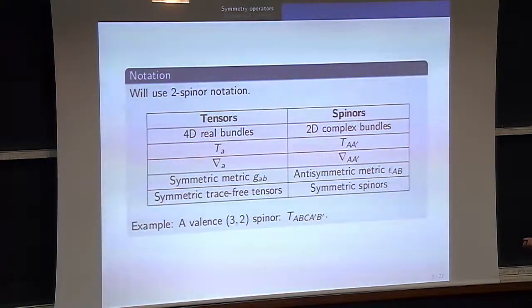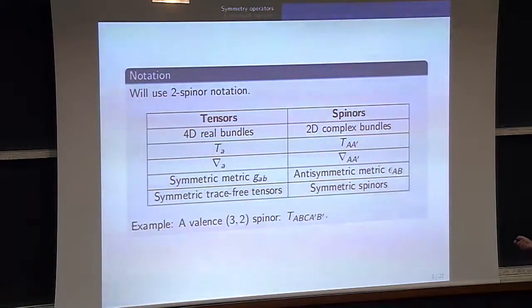The metric for the tensors is symmetric, but the metric for the spinors is antisymmetric, and that actually makes quite a big change in how to handle the algebra. There is also a correspondence between the totally symmetric spinors and the symmetric and trace-free tensors.